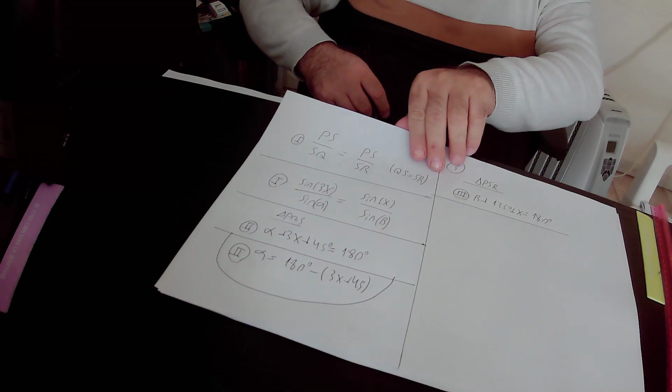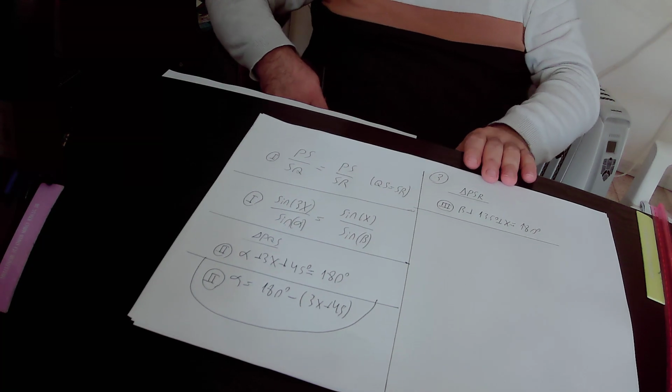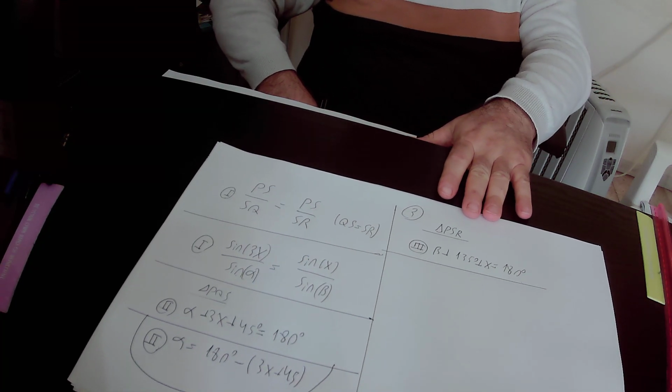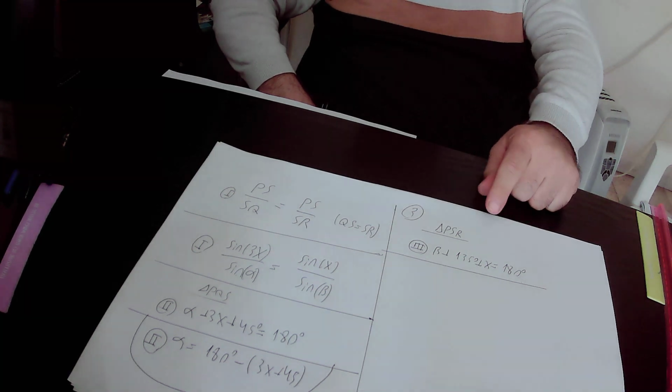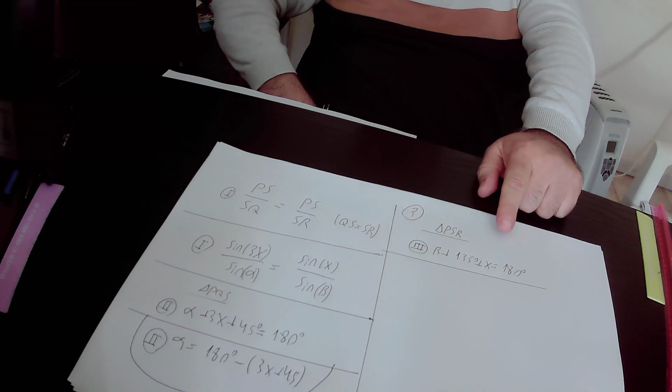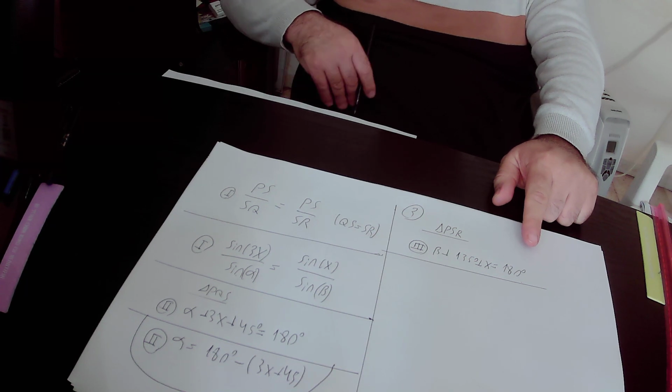Again, the sum of the angles in triangle PSR equals 180 degrees, that is to say beta plus 135 degrees plus x must be equal to 180 degrees.